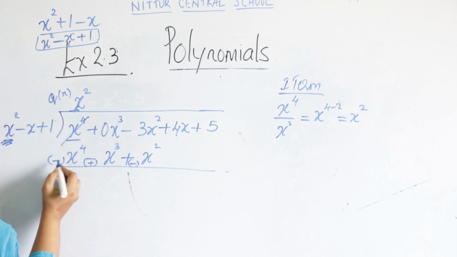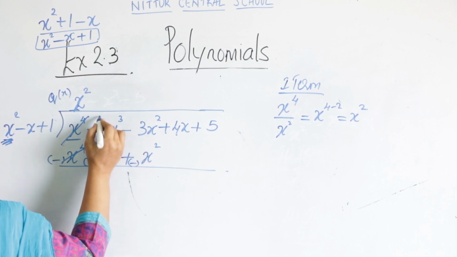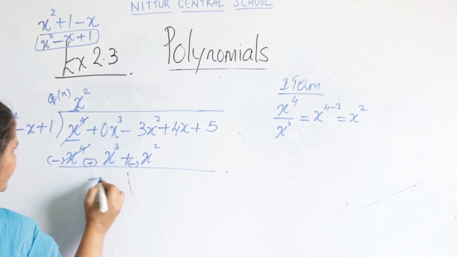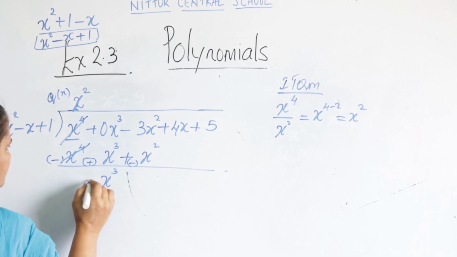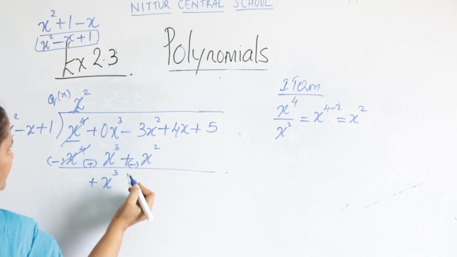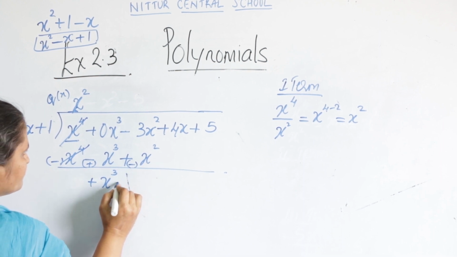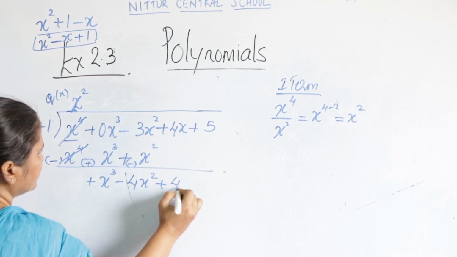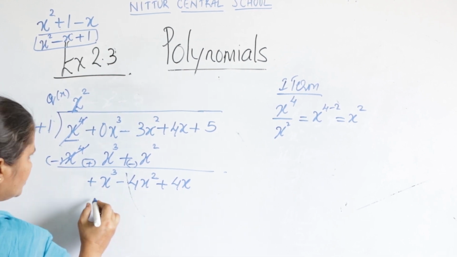Plus x raised to 4 minus x raised to 4 get cancelled. Minus x cube plus x cube. Then minus 3x square minus x square is minus 4x square. Bring this down.